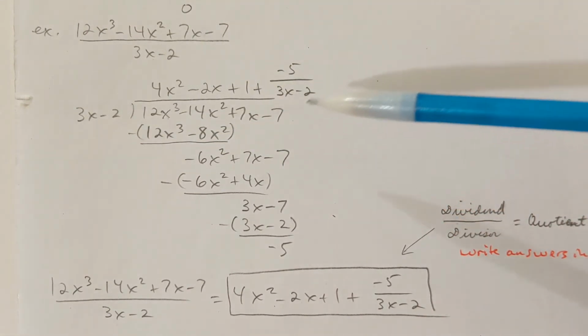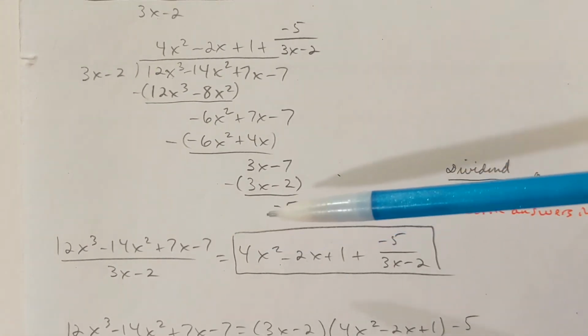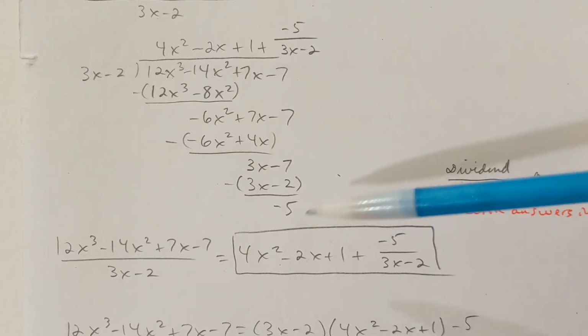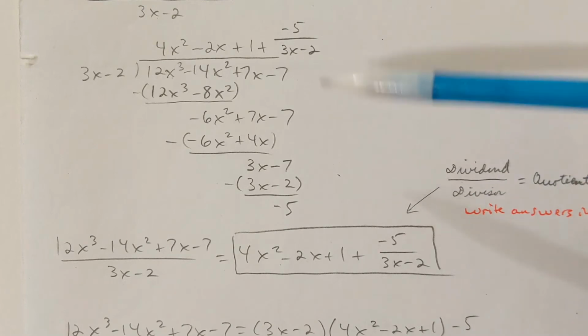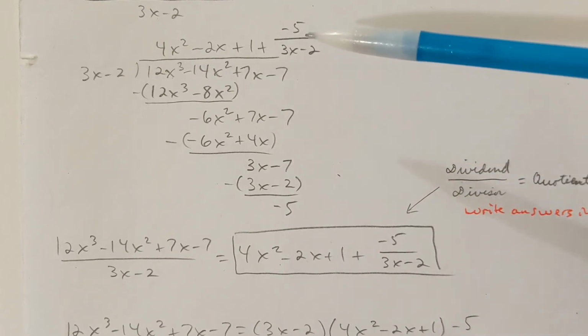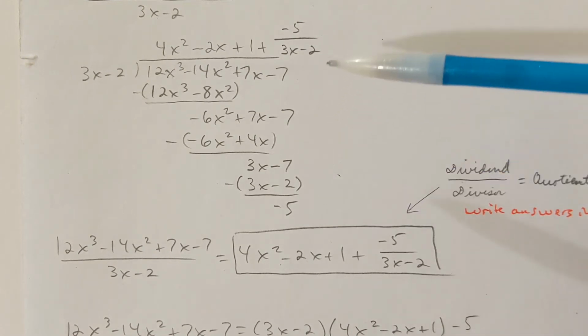Okay, and that's going to be your leftover. So, 12x cubed minus 14x squared plus 7x minus 7 divided by 3x minus 2 equals 4x squared minus 2x plus 1 plus the remainder, which is negative 5, divided by the divisor, 3x minus 2.